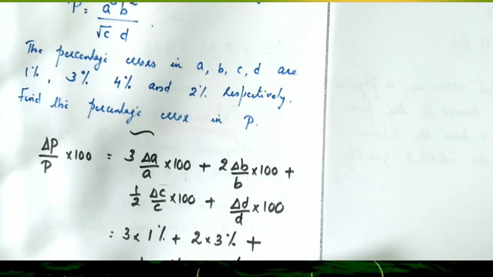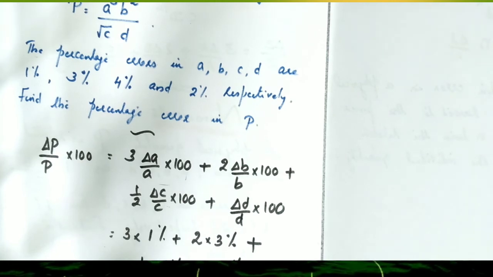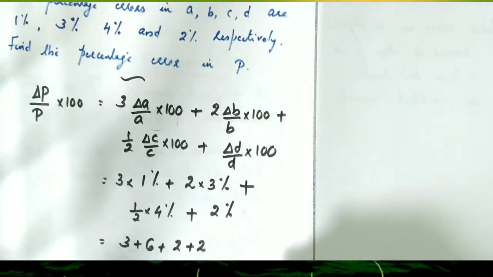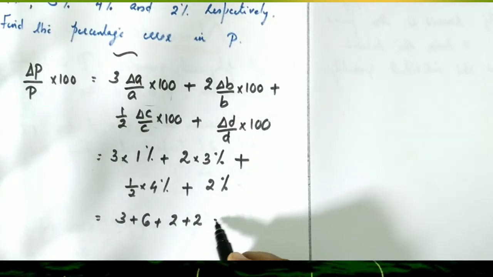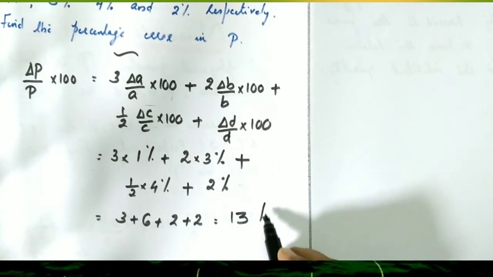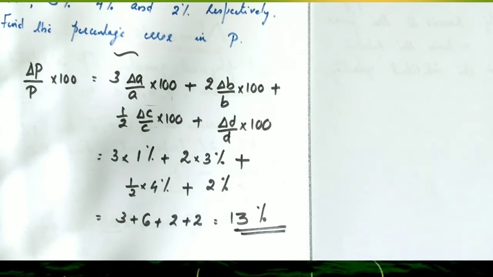That is equal to 3 plus 6 plus 2 plus 2, that is equal to 13%. So the percentage error in the physical quantity P equals 13%.